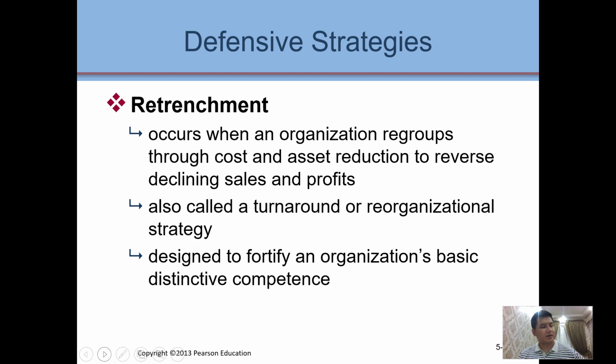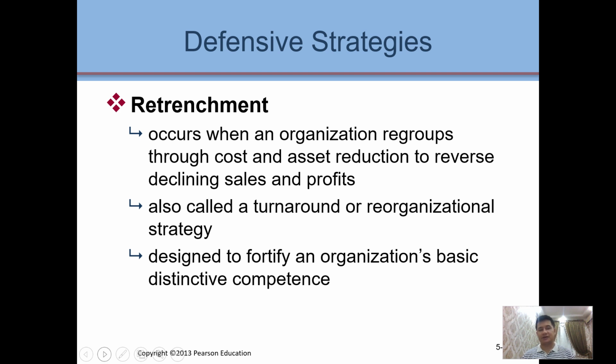On the other hand, we talked about retrenchment, which is a defensive strategy. Retrenchment occurs when an organization regroups through cost and asset reduction to reverse declining sales and profits, and it is also called a turnaround or reorganizational strategy. Keep that in mind.